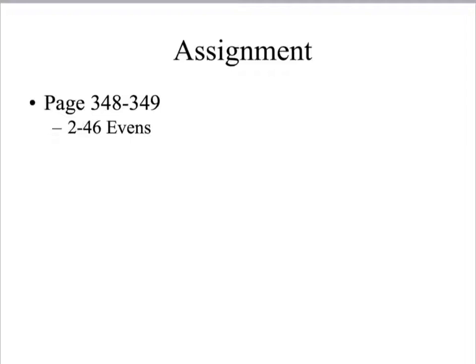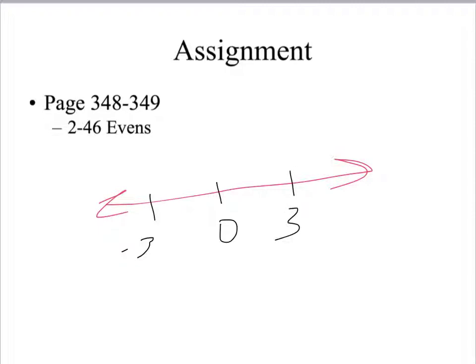Don't forget to graph on a number line. Also, when you look at your number line, make sure you have 3 points. When you graph, your point should be on the graph, not up. If you put a point there, that's not correct. If you put it down below, that's not correct.